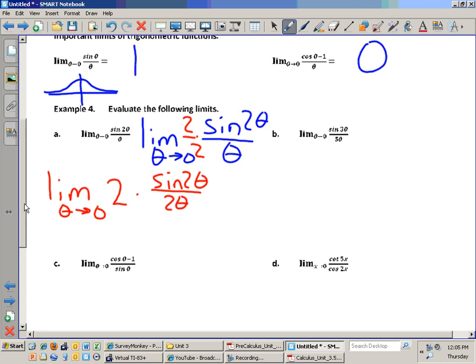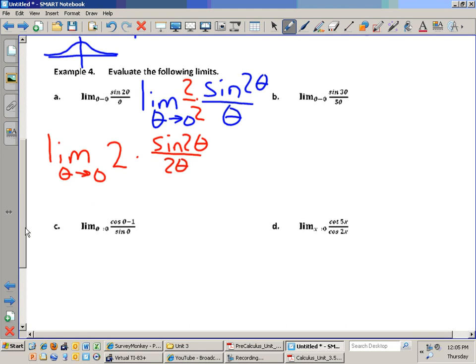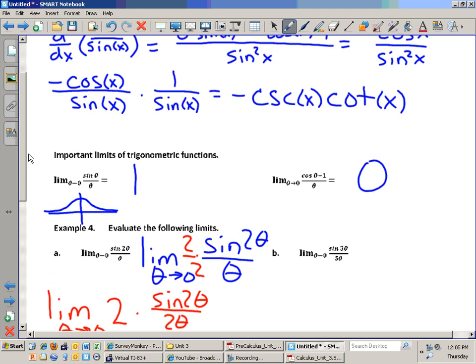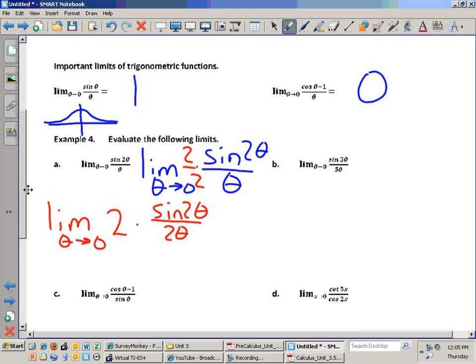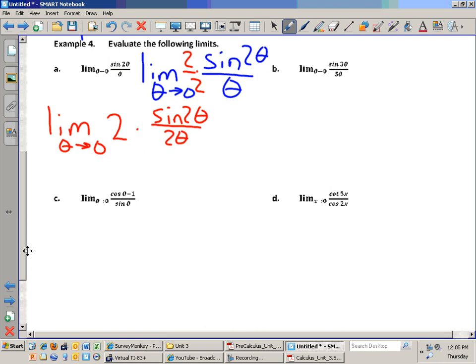Just like up here, look at what I have: the sine of an angle divided by that same angle. So the limit of this is 1, just like we said, times 2. It's just 2.